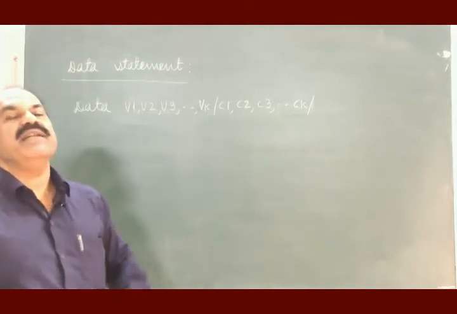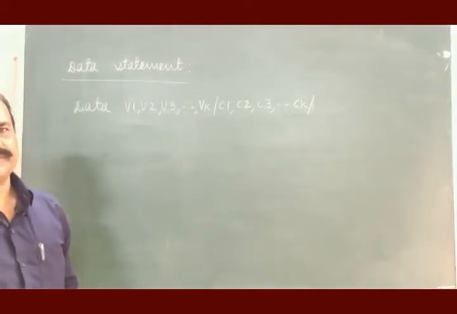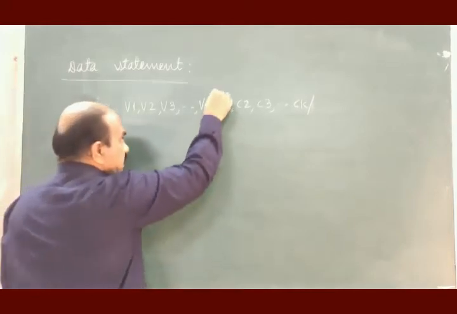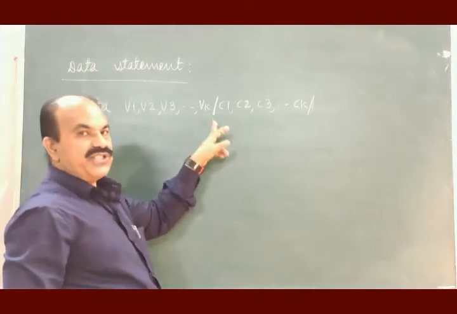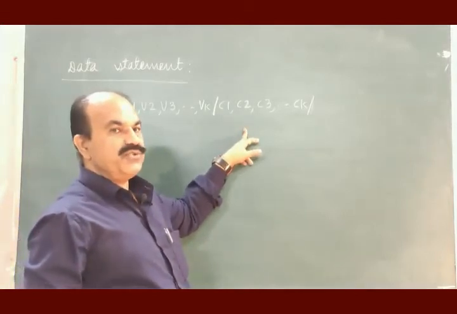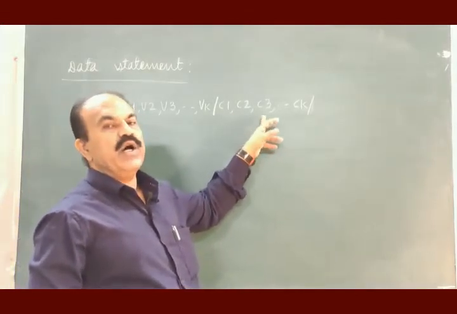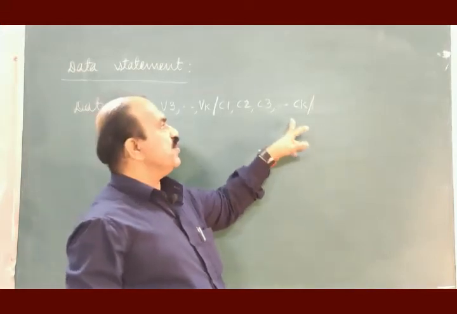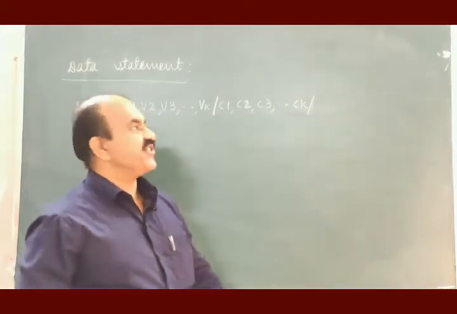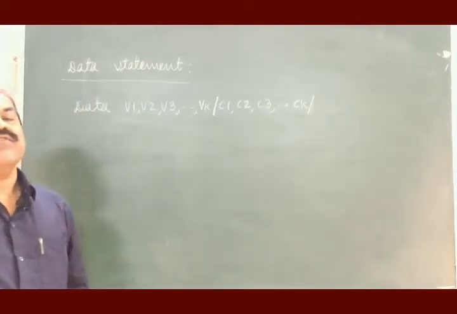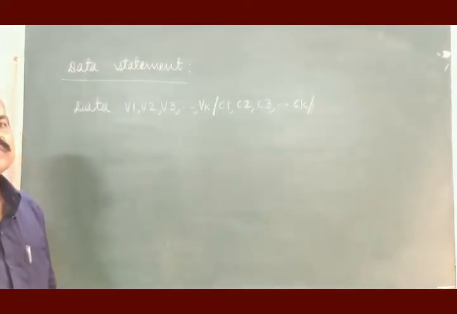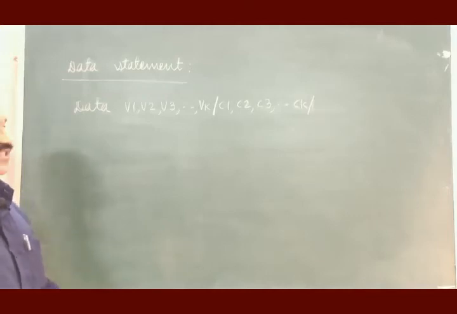The last variable is vk. Slash constant c1, comma constant c2, comma constant c3, comma constant c4, and so on, last constant ck slash. This is general format of data statement. This is syntax of data statement.